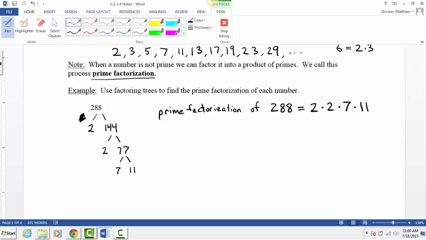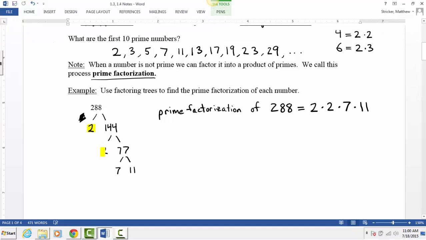For the prime factorization, you're just looking at these prime factors that are at the bottom of the tree. Of course, another way to write this would be, since there's two factors of 2, we could write this as 2 squared. We'll talk about exponents a little later. So either one of these are okay. This is probably the preferred answer.